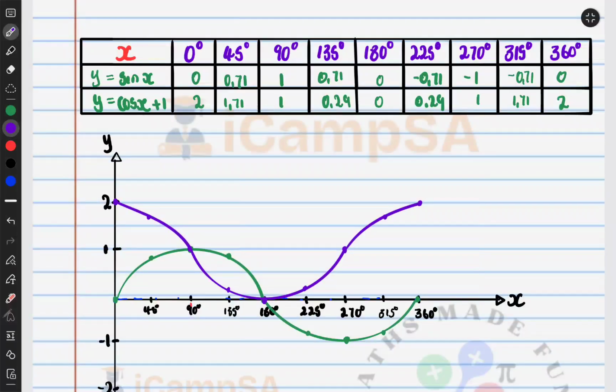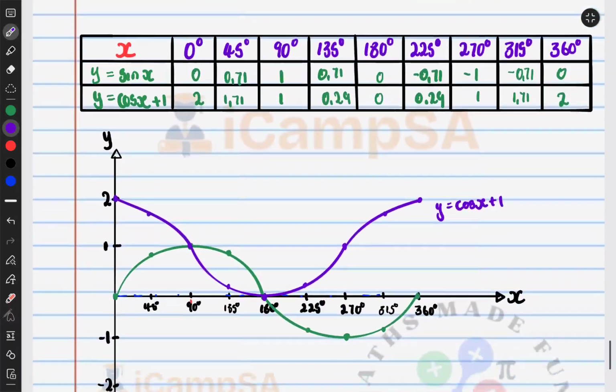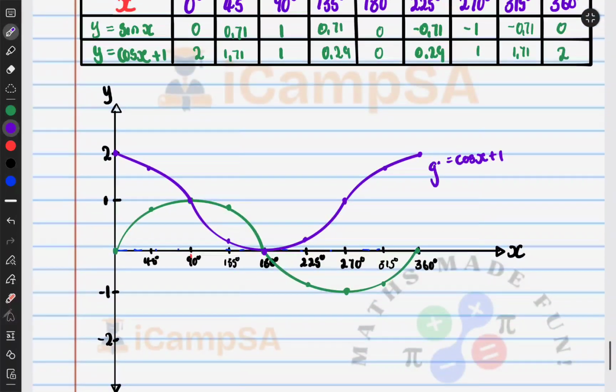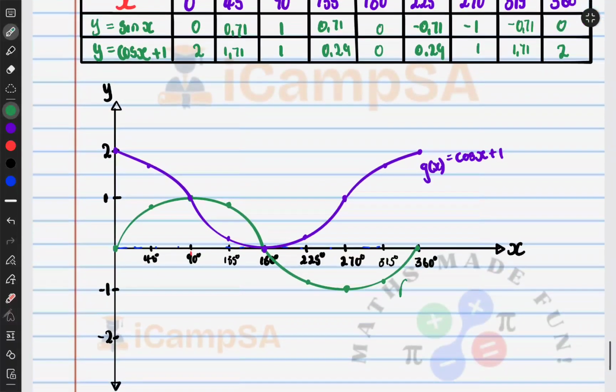And that is how the function is going to look. This one is for y is equal to cos x plus 1, or we can just say g of x to distinguish. And then the other one is for f of x is equal to sin x.